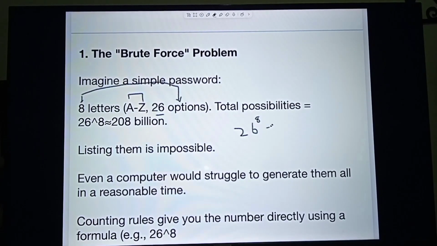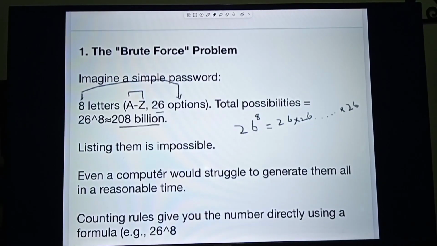possibilities, meaning you multiply 26 by 26 by 26, that is, multiply 26 eight times. When you multiply 26 eight times, you will get approximately 208 billion options.